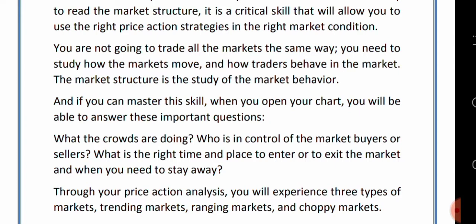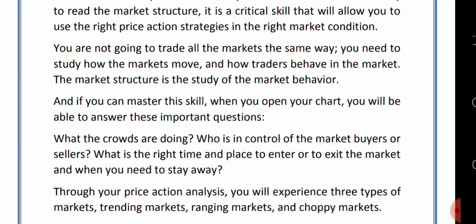So having a knowledge of the market structure will help you understand what other traders are doing. Are they selling or are they buying, or are they waiting? So knowing the market structure and understanding what the market structure is telling you will help you know what other traders are doing at the moment.